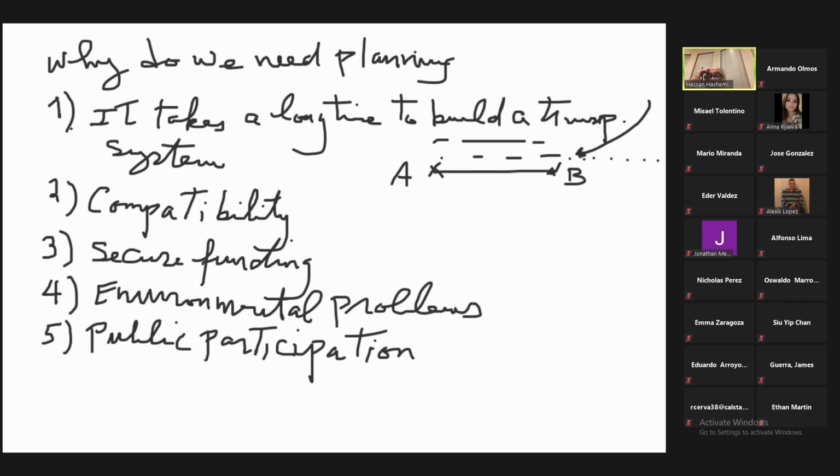So your whole plan has to be presented. So that's why you need the planning. So these are the 5 major reasons that I wanted to discuss, why we need the planning.